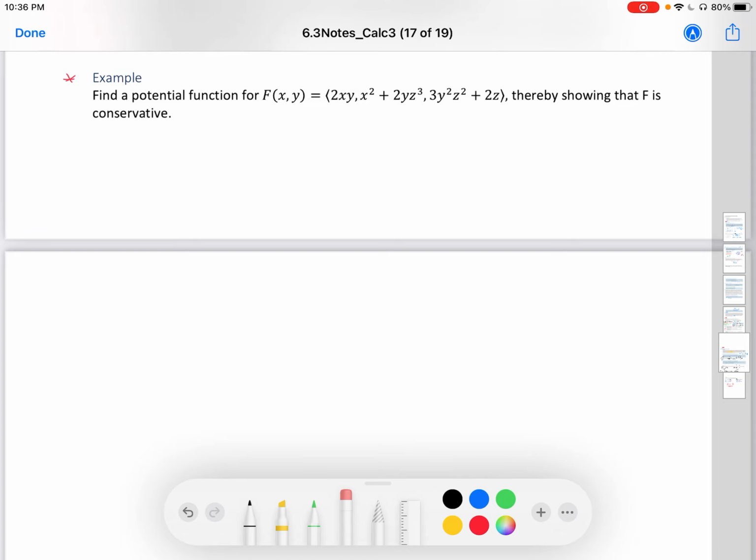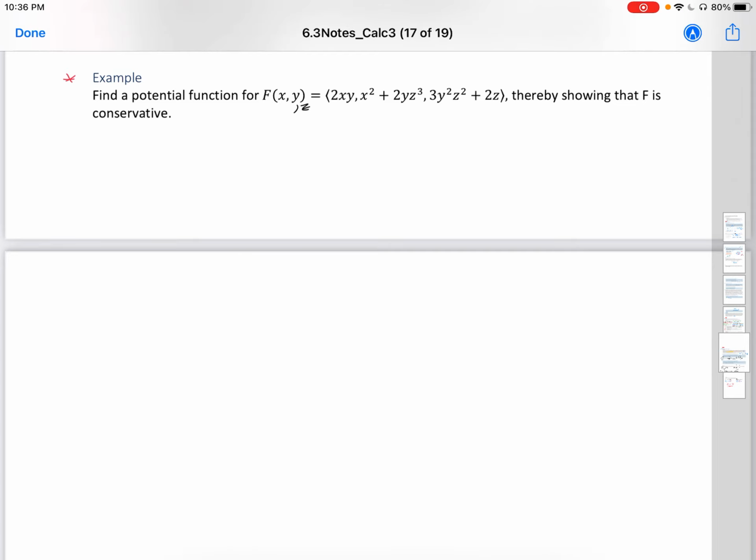All right, so we have, of 2xy comma x squared plus 2y z cubed comma 3y squared z squared plus 2z, thereby showing that f is conservative.